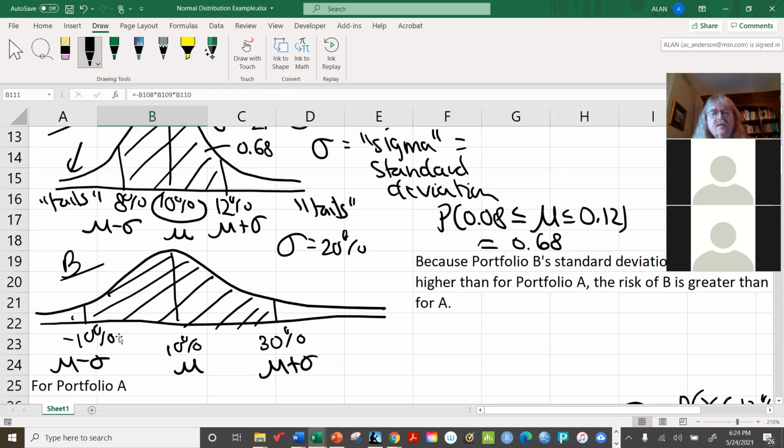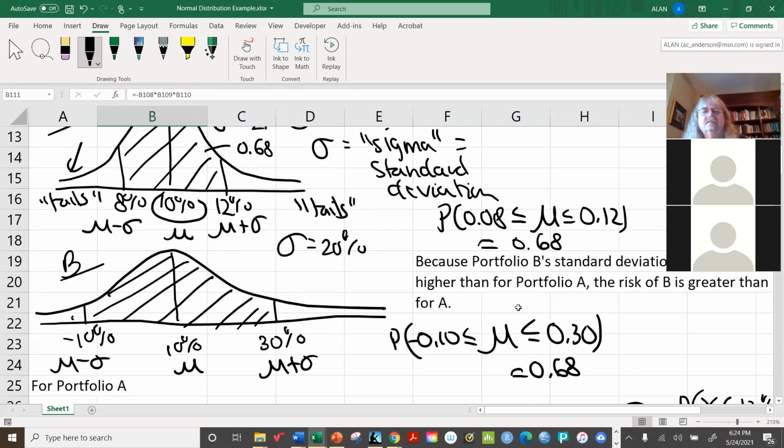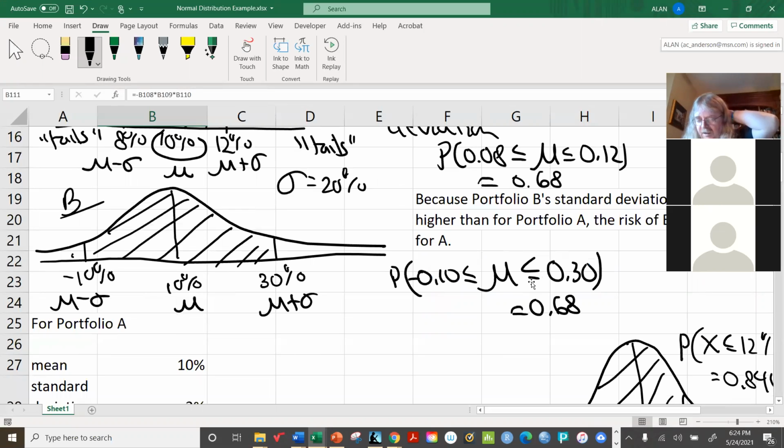This is one below. So the probability in this case of being between minus 10% and plus 30% is 68%.